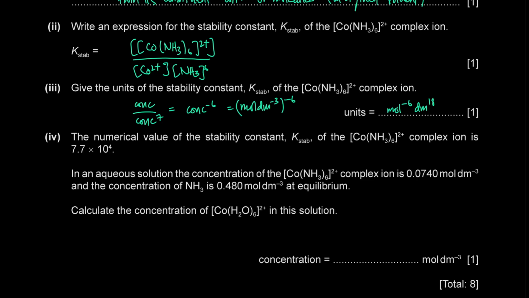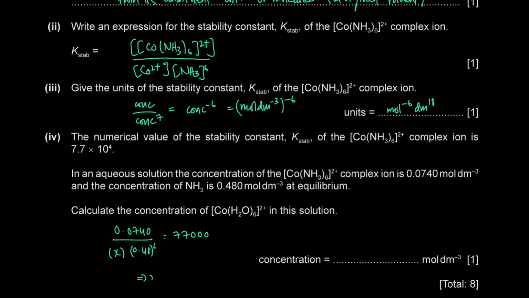So for the hexaamine complex, we have a concentration of 0.074 in the numerator, divided by the concentration of ammonia, which is 0.48 to the power of 6, times X, that's the concentration we want to find, and this is equal to the stability constant, which is 7.7 into 10 to the power of 4, which is just 77,000.